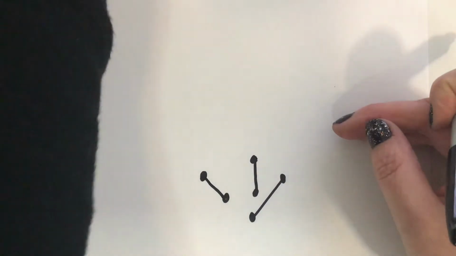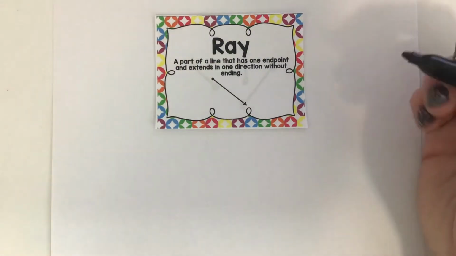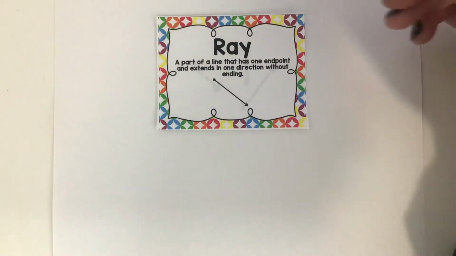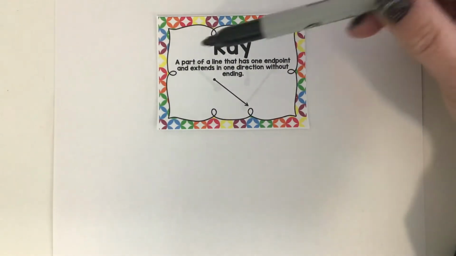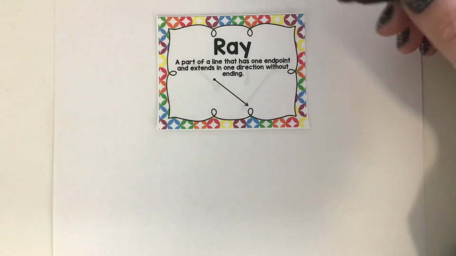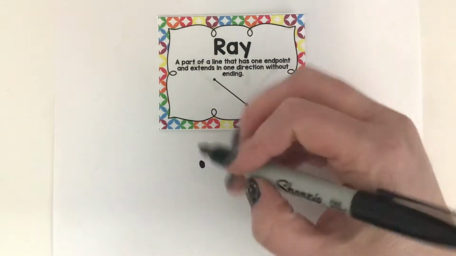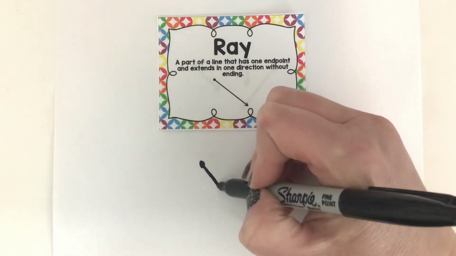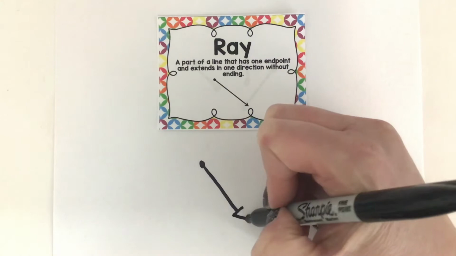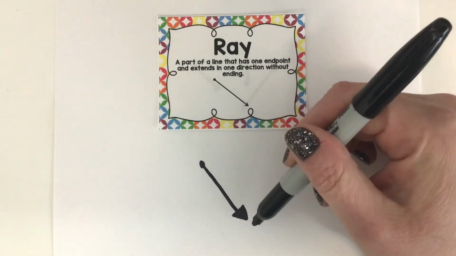The next one is a ray. Not an array like in multiplication, but a ray. That's a kind of line. A ray is a part of a line that has one endpoint and it extends in one direction without ending. So a ray has a dot, which is an endpoint, and then it's going to have a line extending out from that endpoint, and it will go forever in this direction.